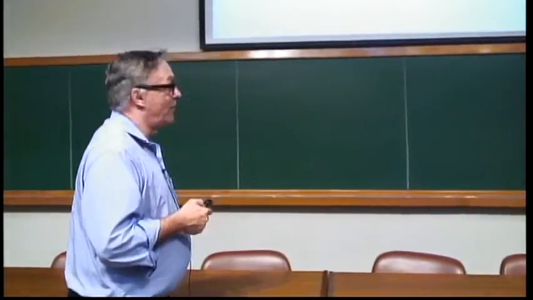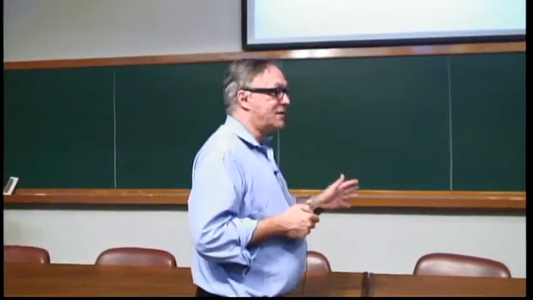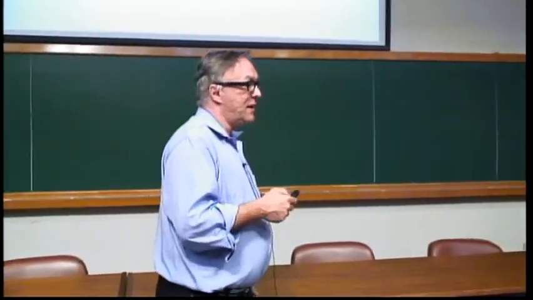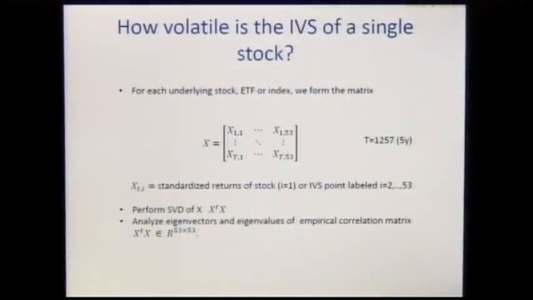So first of all, let's start small. How does a volatility surface move? So to find that out, we're going to use this. For every underlying stock, ETF, or index, we form a small matrix of 53 by, I don't know, 5 years, 1250. 53 why? I take the underlying stock and I take 52 implied volatilities. What are the 52 implied volatilities?